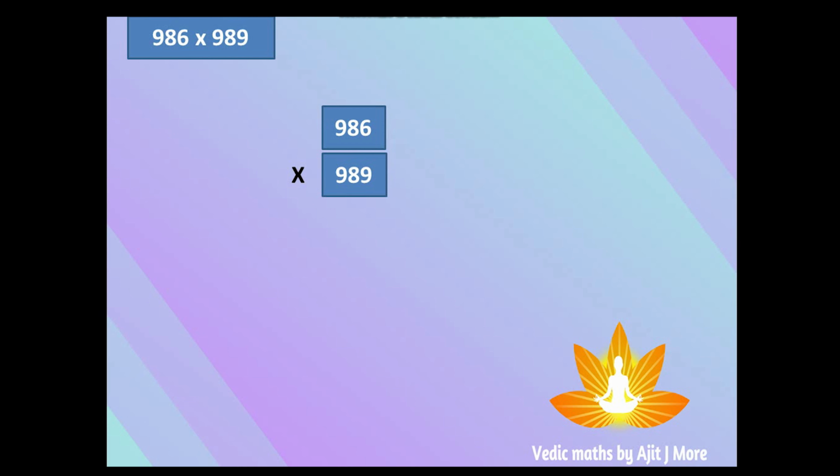Now find the deviation. Okay, so 986 is 14 before, that is minus 14. And 989 is 11 before 1000, means it is 11 lesser than 1000. So I'll write minus 11. Now you know the next step is finding the two parts of your solution.